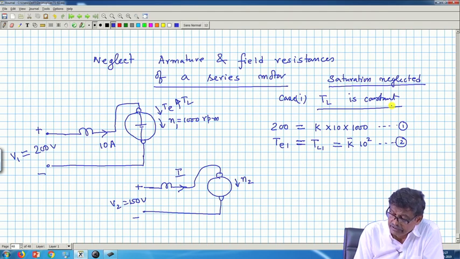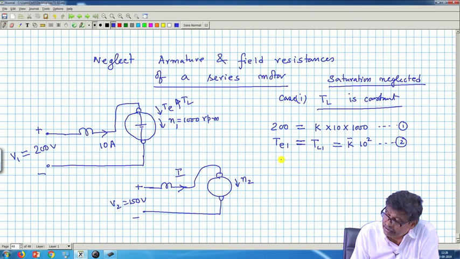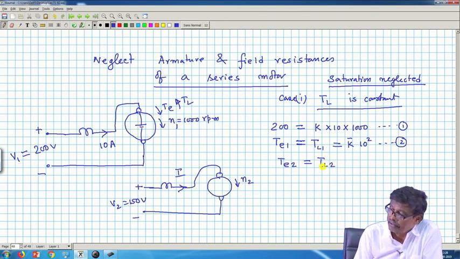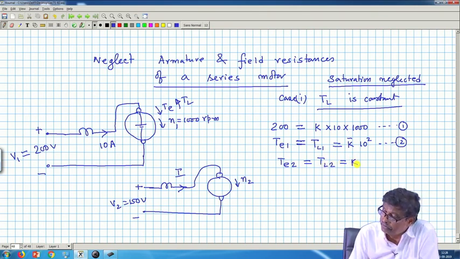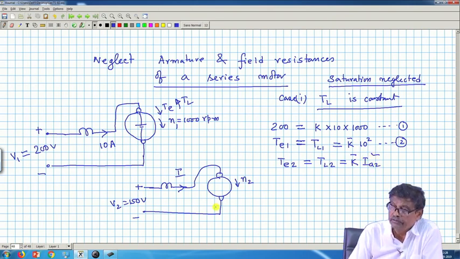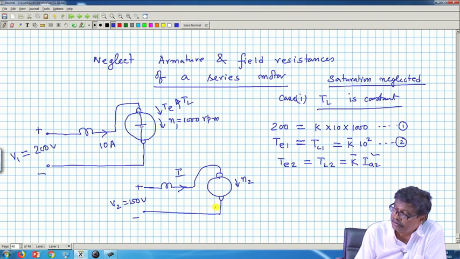So, how much current is it now going to draw from this supply if you have reduced the supply voltage to 150 volt, and what will be the new speed? Load torque T L 2 is the same as the previous load torque. So, first thing I will say is that T E 2 is equal to T L 2 and it must be equal to K bar into I A 2 square, is it not? If load torque is constant, this is the thing.